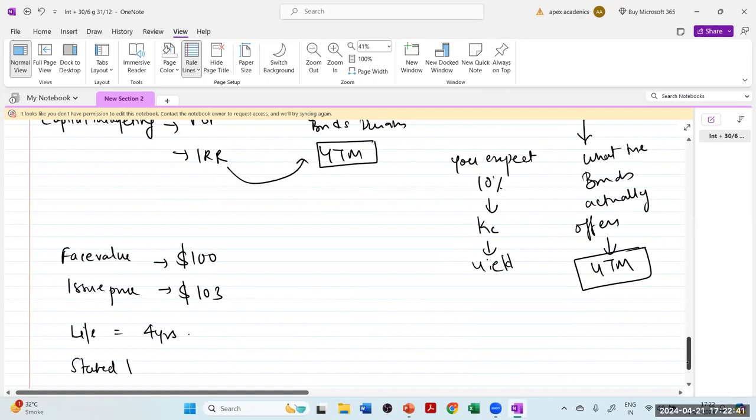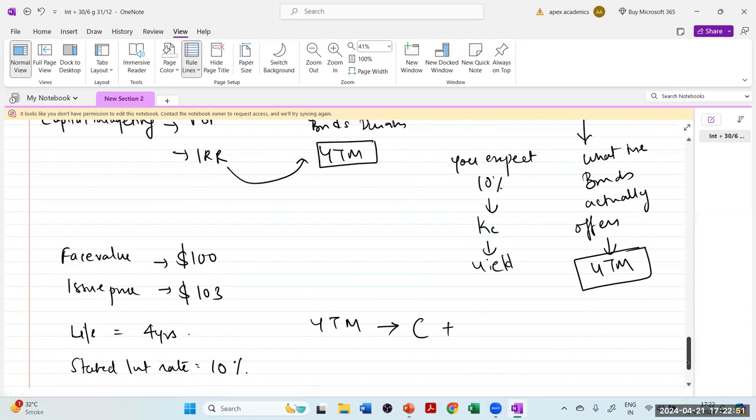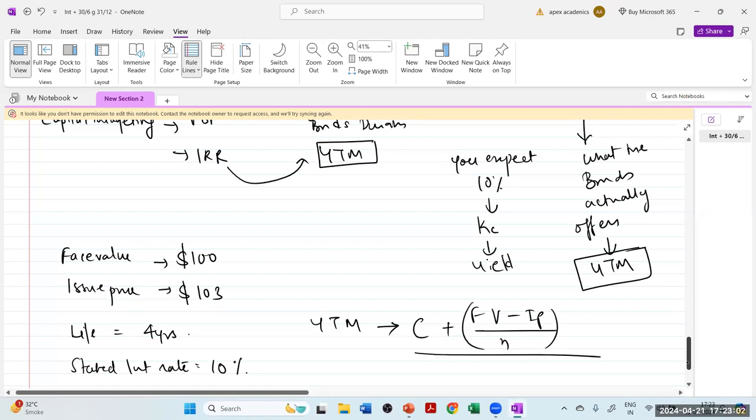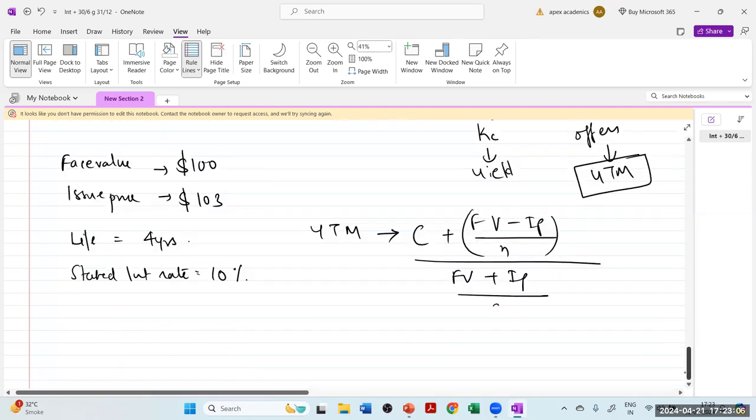And the bond has a stated interest rate. For example, 10%. Yield to maturity is equal to coupon plus face value minus issue price divided by N, the whole upon face value plus issue price divided by 2.